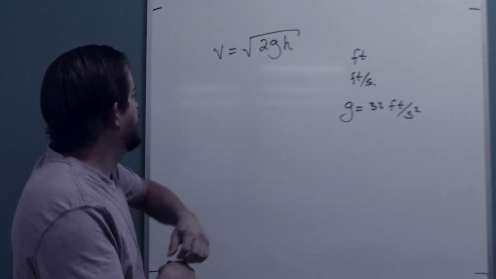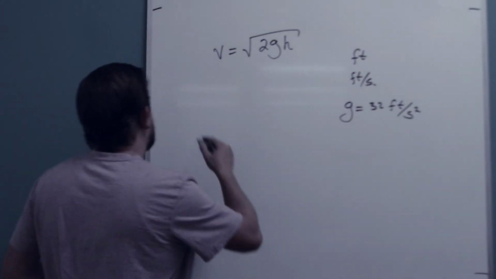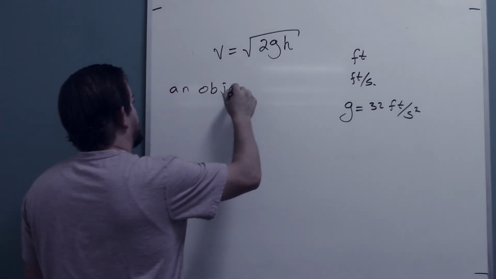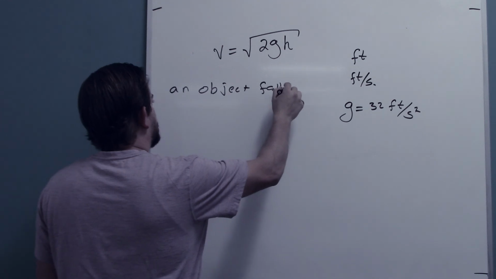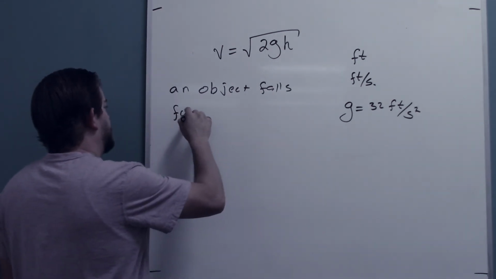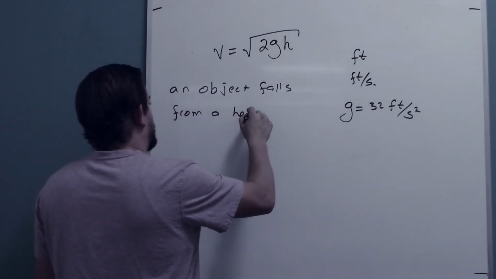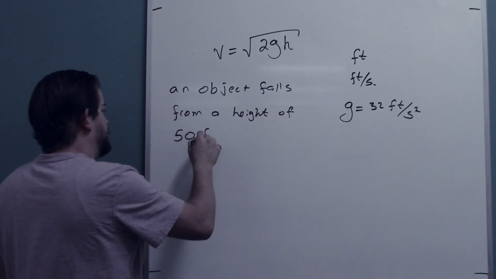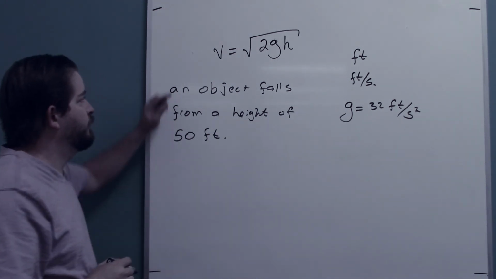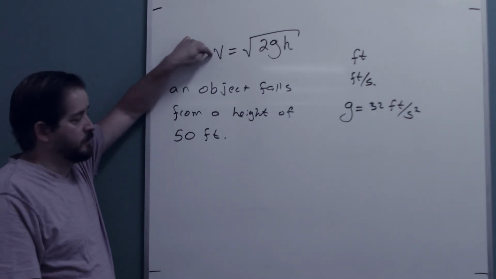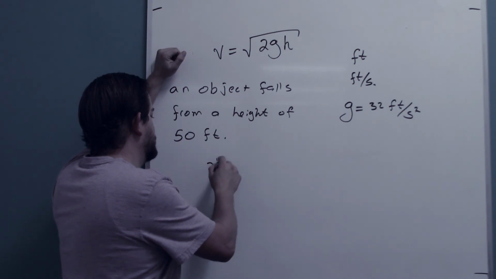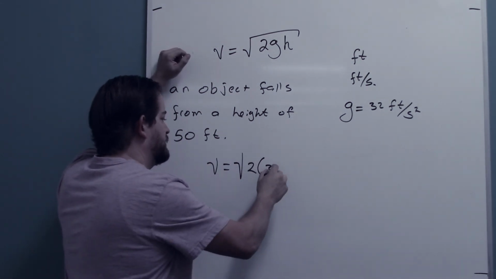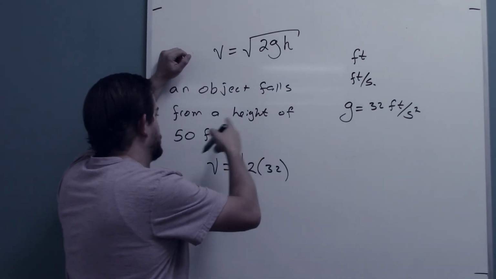Right? But if I have an object, and it falls from a height of 50 feet, I want to know how fast it's traveling before it hits the ground. And so then I would say that the velocity is equal to the square root of 2 times G, we said was 32, and that height was given as 50.